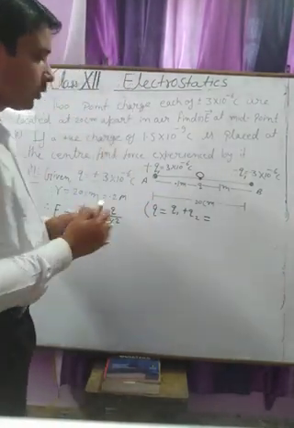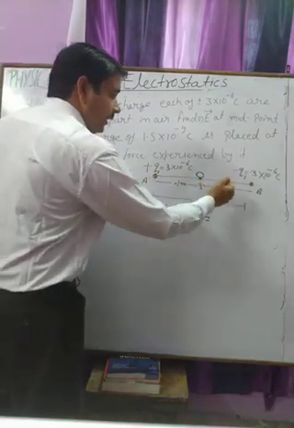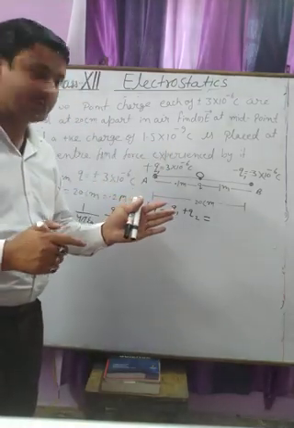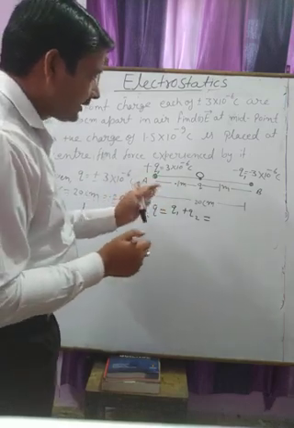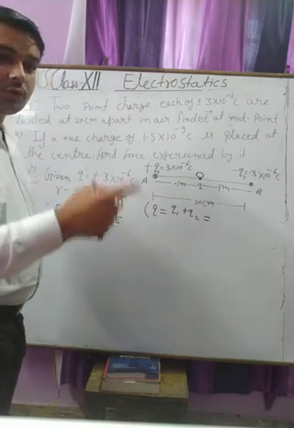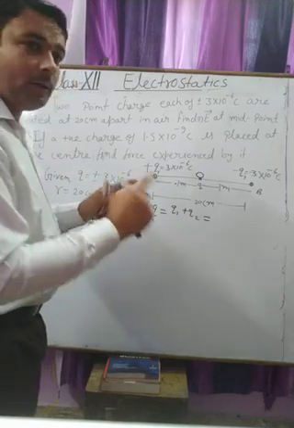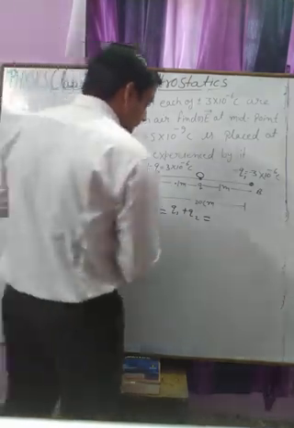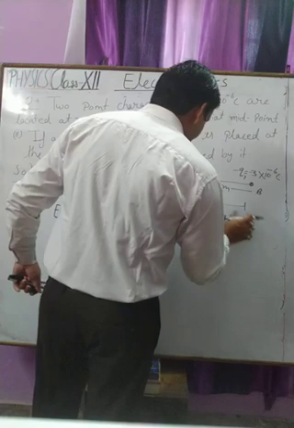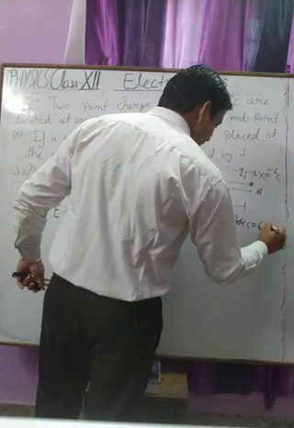Because the positive charge is here and the negative charge is here, the fields point in the same direction, so electric field at A plus electric field at B, and since B is negative it will be added, that is 3 plus 3 microcoulomb, so this will become 6 microcoulomb.